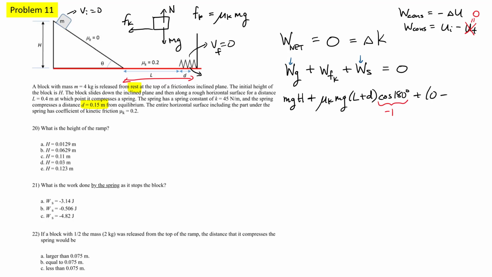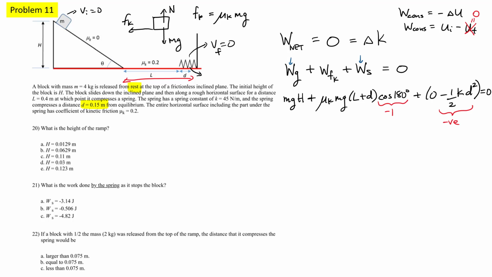So that final spring potential energy is 1/2 k D squared in this case. And you sum those three terms, you have to get 0. Notice that this is also going to be a negative value. It's negative because the spring force acts to the left and the displacement is to the right. Therefore, you have opposite vectors, which always means negative work is being done by that force.